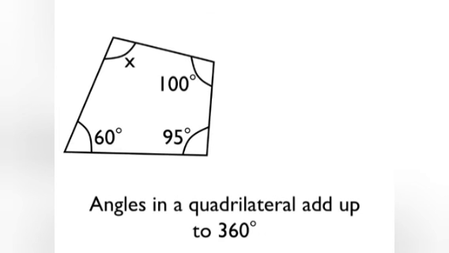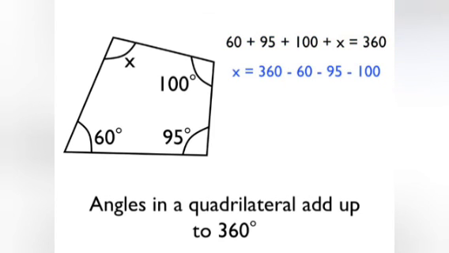So to get x, you would have to add up the other angles, which is 100, 95, and 60, and then take it away from 360 degrees, and you get the value of x. Or you can just say 360 minus 60 minus 95 minus 100. Therefore, x will be equal to 105 degrees.